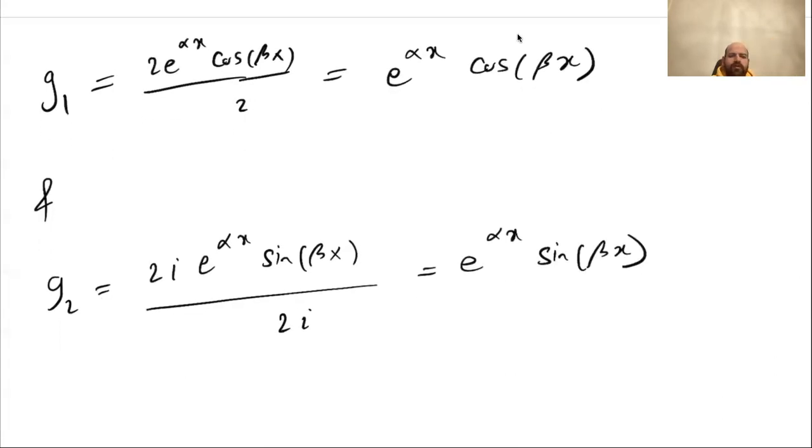So here I get 2 real valued functions. That's the first thing that I was looking for.